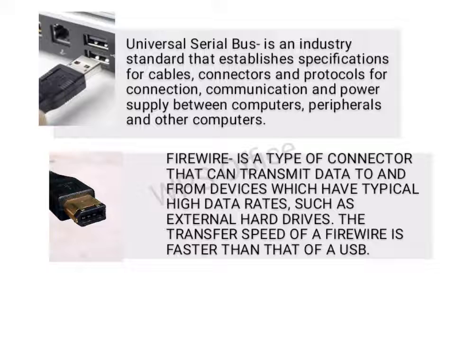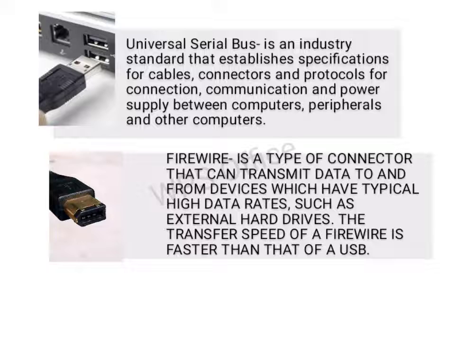Next is FireWire. It is a type of connector that can transmit data to and from devices which have typically high data rates such as external hard drives. The transfer speed of a FireWire is faster than that of a USB. So what is FireWire used for?